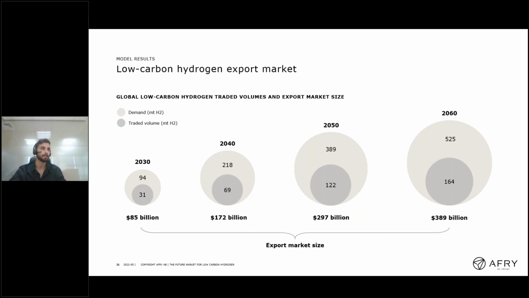Over the years, the global hydrogen export market will contribute around 33% towards meeting global hydrogen demand. And not just that, the estimated export market size will be valued at around $85 billion by 2030, going up to almost $400 billion by 2060.